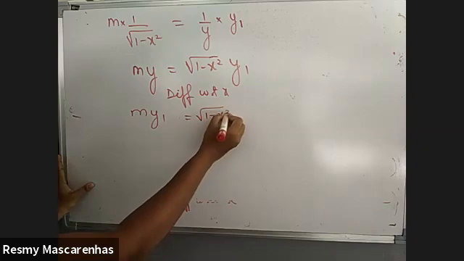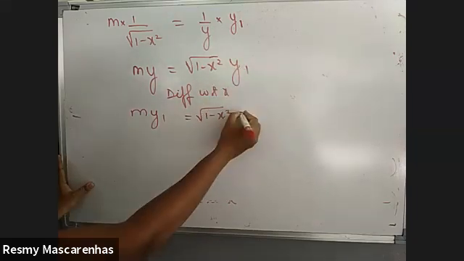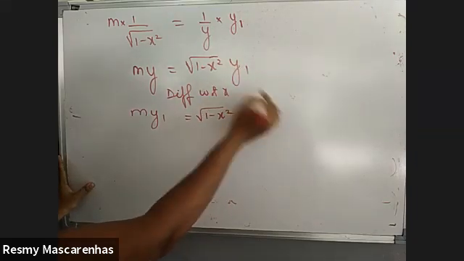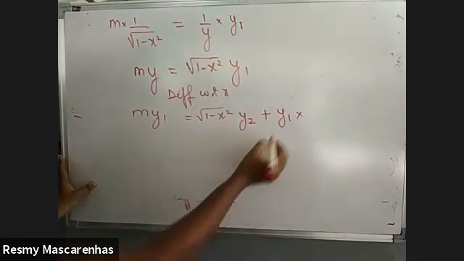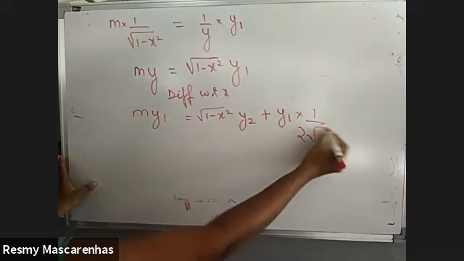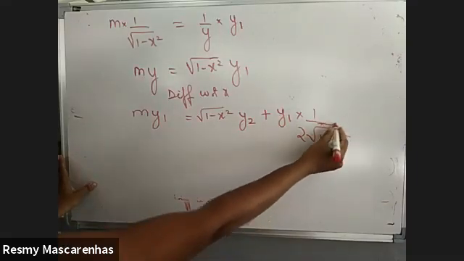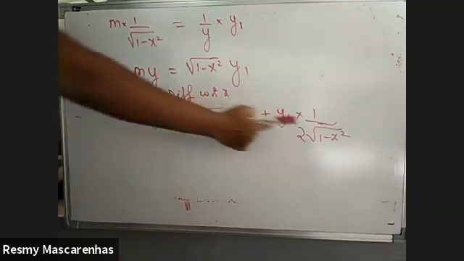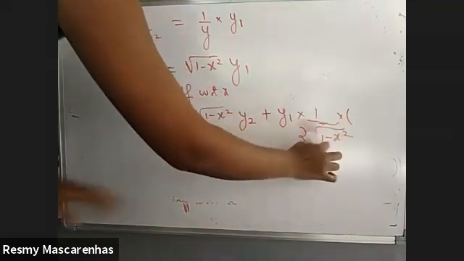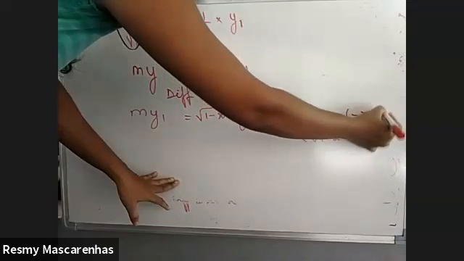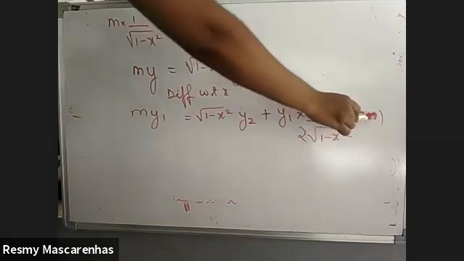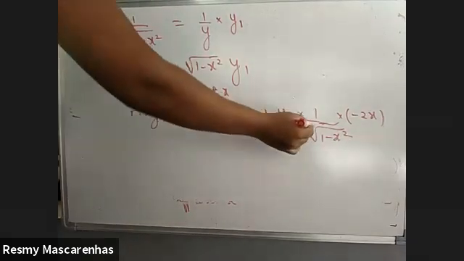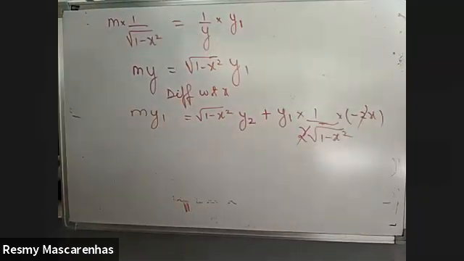So root of 1 minus x square into the derivative of y1 will be y2, plus v into the derivative of u. y1 times the derivative of root of 1 minus x square will be 1 upon 2 root of 1 minus x square into the derivative of 1 minus x square, so 0 minus 2x. Then you cancel.